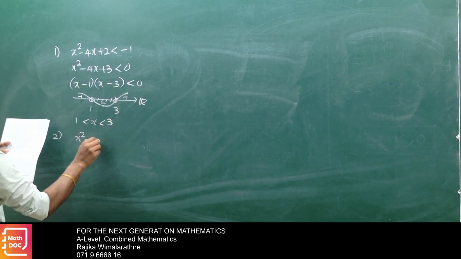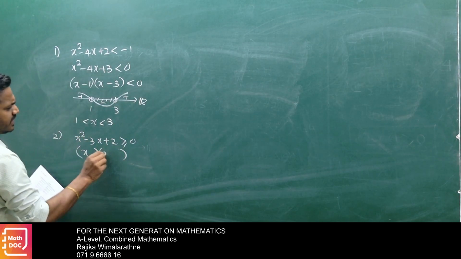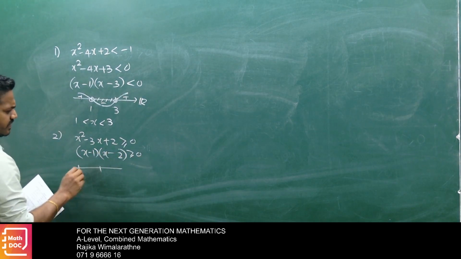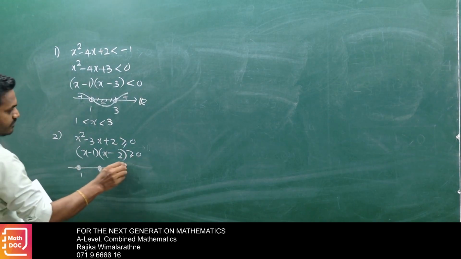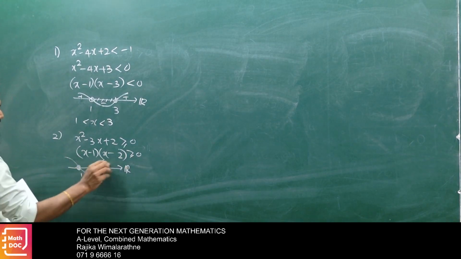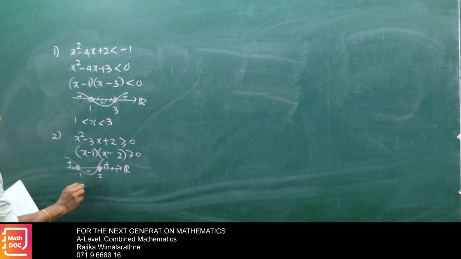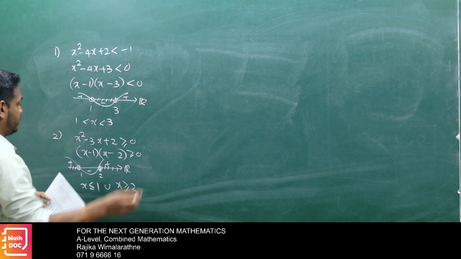Next, x squared minus 3x plus 2 greater than or equal to 0. x, x, 2, 1, minus, minus. 1, 2. For equality, shade this. Positive, negative, positive. Here is the positive region. x less than or equal to 1 union x greater than or equal to 2.